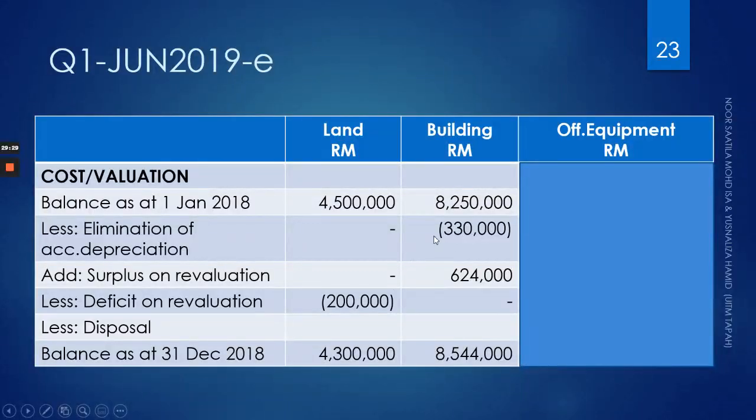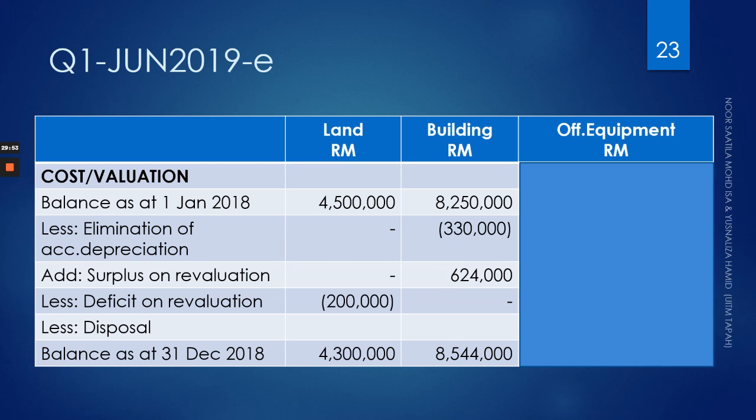Next is for the building. For the building, I've done that earlier. You eliminate the accumulated depreciation before the disposal. So when you eliminate, you take it out from the building. Before revaluation, sorry, this is where you debit your accumulated depreciation building and you credit the building.